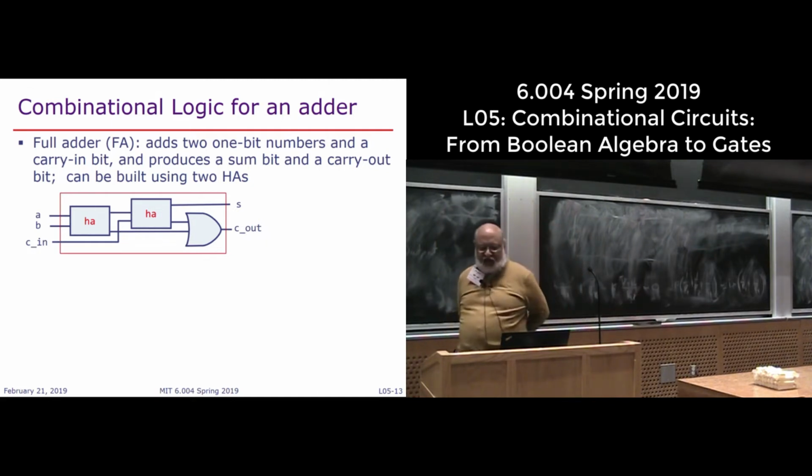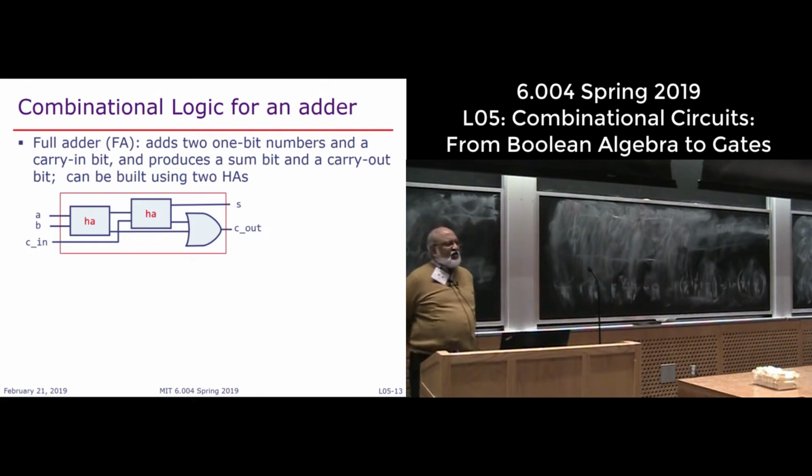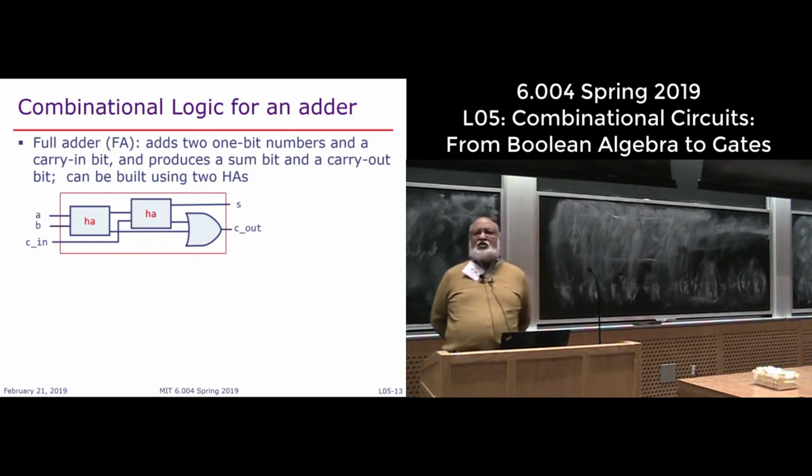Now we are trying to build a bigger and bigger adder. So let's try to build a full adder now. So full adder is doing what? It's adding 2 bits, and then whatever result you get, it adds the carry bit to it. All right, so when you do that, you will see that I need 2 half adders. So the first half adder is performing something and producing a sum bit and a carry bit, and I take the carry bit from the first half adder, add it to the second one, and then I get the sum bit coming out of it.